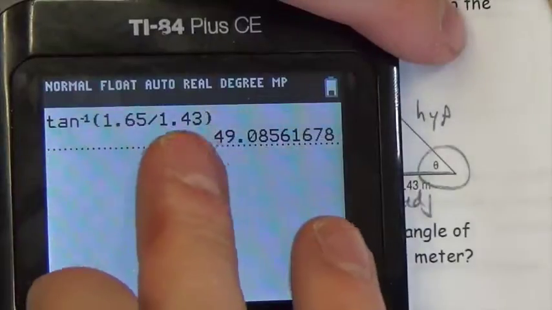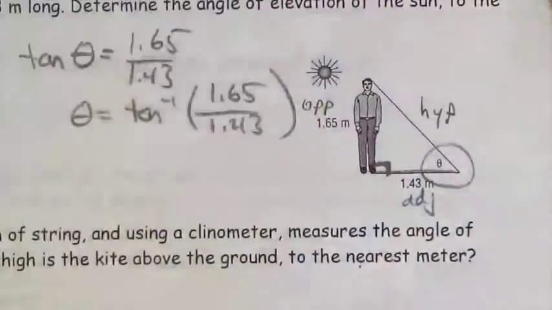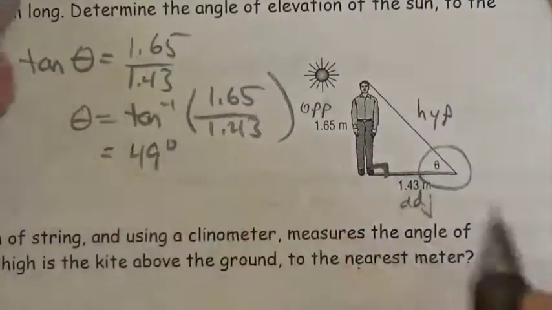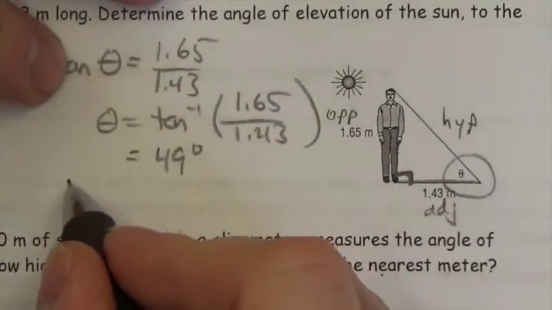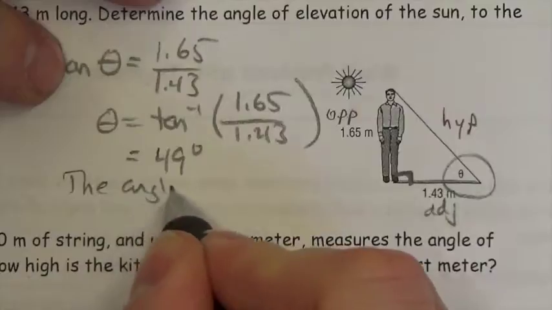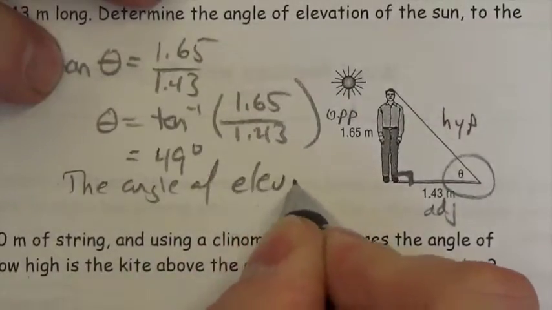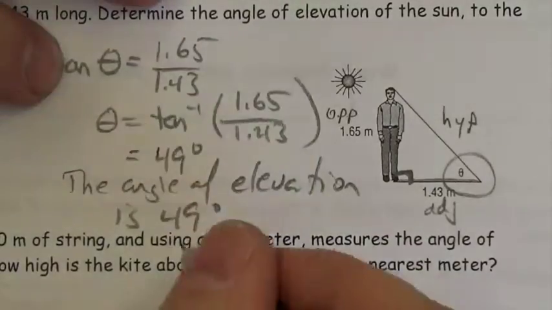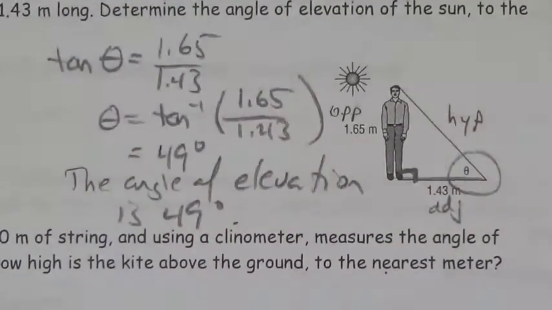And there we go, 49 degrees, rounded to the nearest degree. Good. So the angle of elevation is 49 degrees. Excellent.